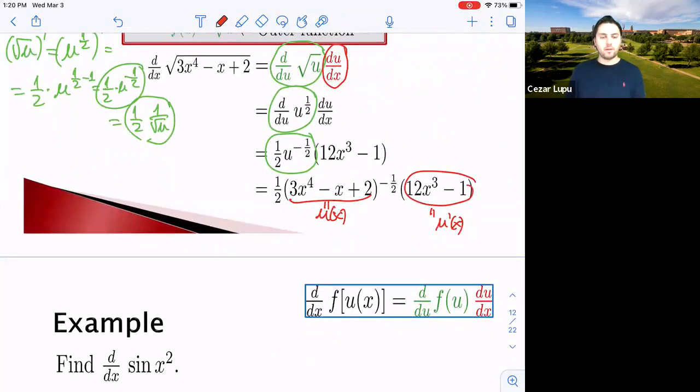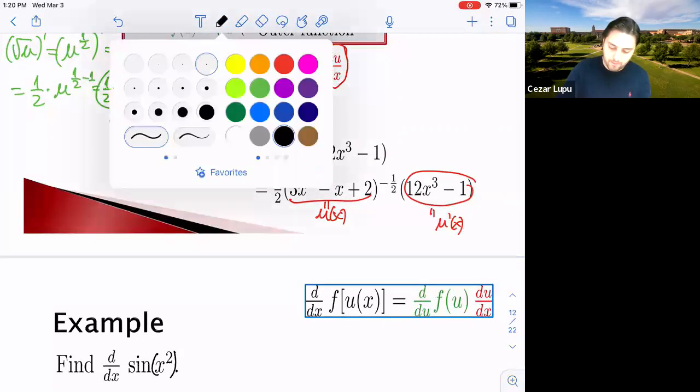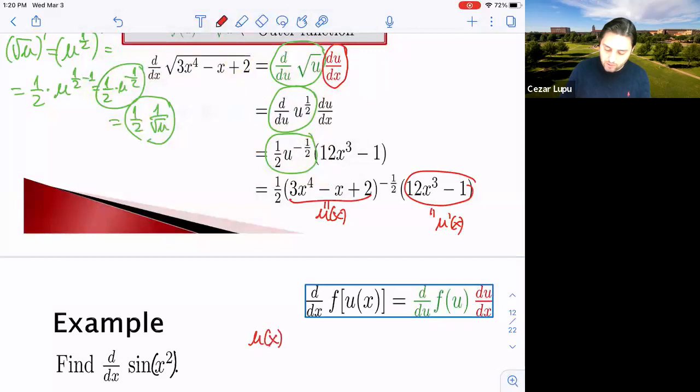What about this one? The derivative of sine of x squared. Pay attention here, I want to stress this: the argument is x squared, so it's inside the function sine. Here, again, I would like to identify u of x, the inner function, and f of u, the outer function.